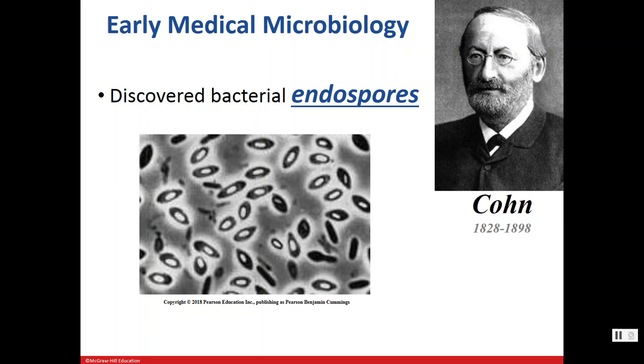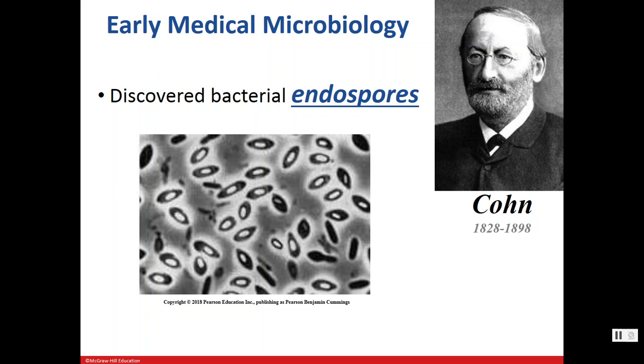Ferdinand Cohn was important because he discovered endospores. So certain bacteria can produce endospores, and those bacteria include the ones that can cause tetanus, botulism, gangrene, anthrax, and now today C. diff infections. And so this is the reason why we sterilize everything in the medical field.